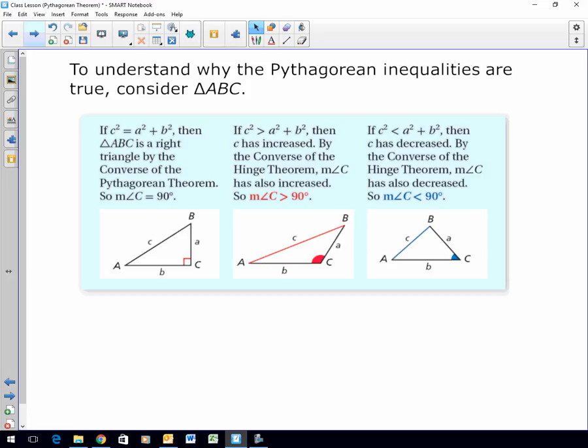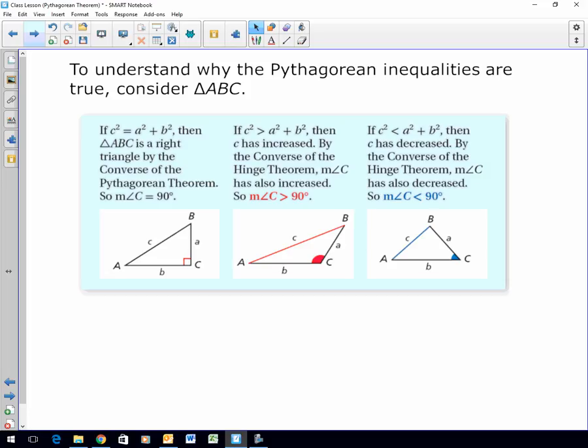If the opposite is true, if the square of the longest side of the triangle is less than the sum of the squares of the other two sides, it's an acute triangle. In an acute triangle, how many acute angles do I have?